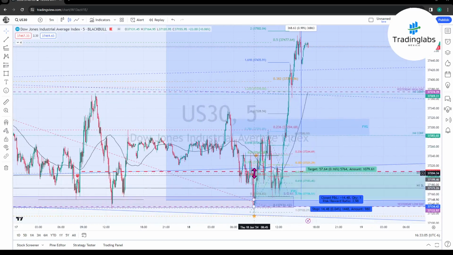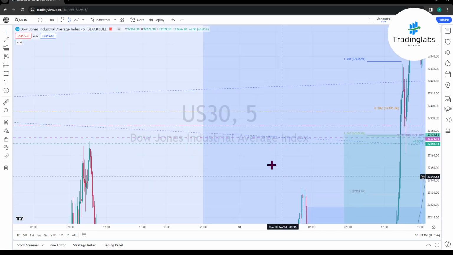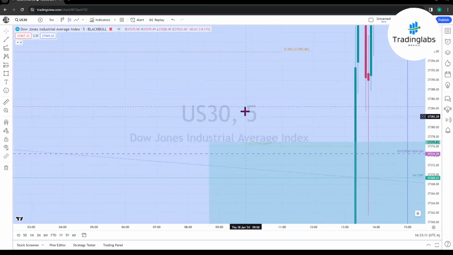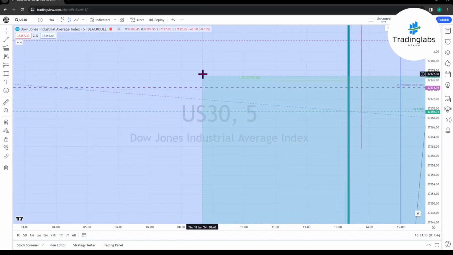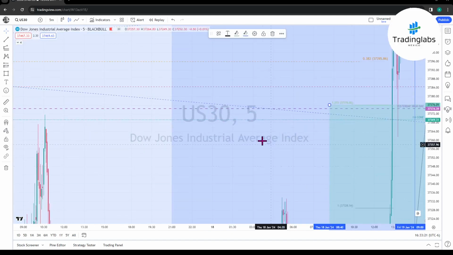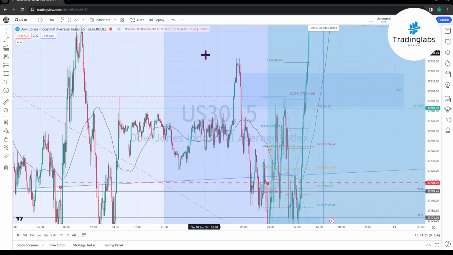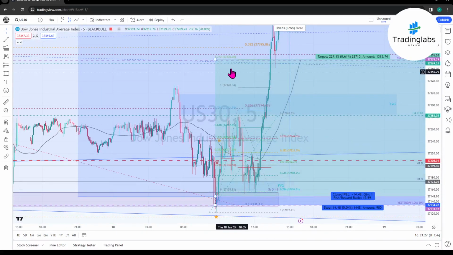That is my target. You can see here. 1.272%. That was my final target and was confluence to the yesterday high of the day. So that was my final target, man.